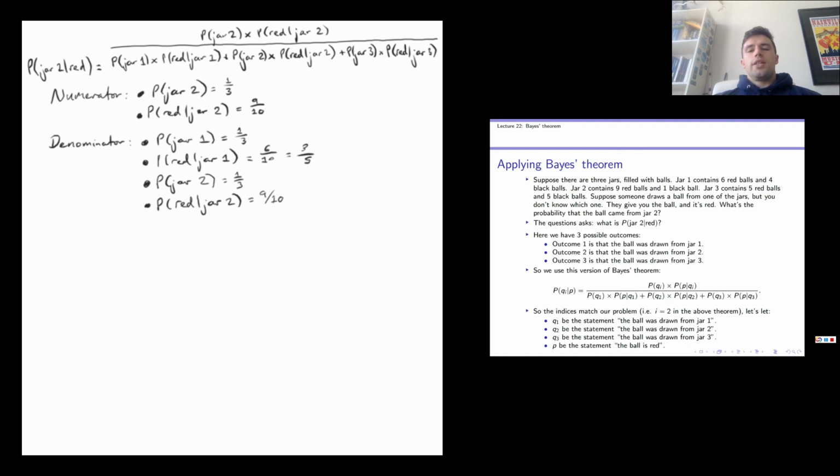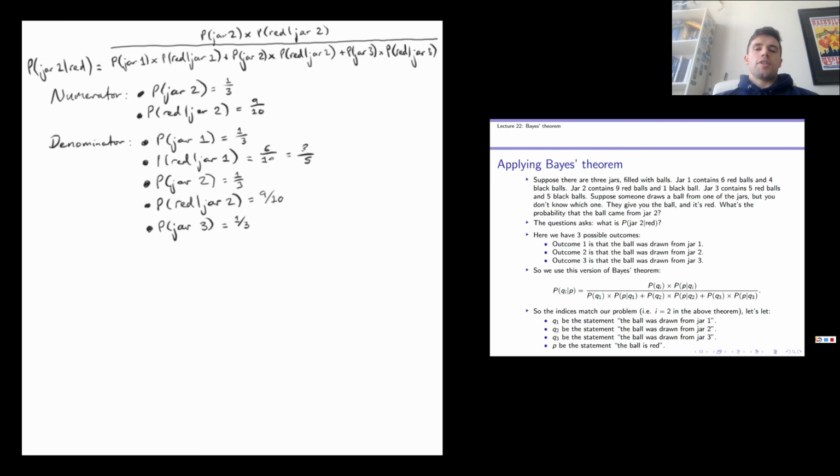And finally, we need the probability that the ball came from jar 3 times the probability that it's red, given that it came from jar 3. And well, we see that the probability that it came from jar 3 is 1/3 again, by the same reasoning. There are 3 jars and they've all got equal amounts of balls in them.